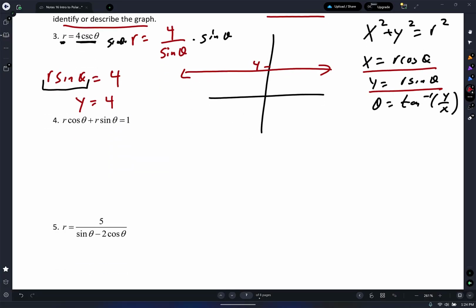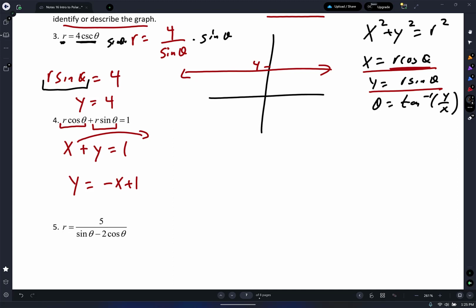So on the next one, you see r cosine plus r sine equals 1. And then I'm thinking, okay, what is r cosine? Well, r cosine is x. Plus, and then what is r sine? R sine is y. See? Move the x to the other side. Y equals negative x plus 1.